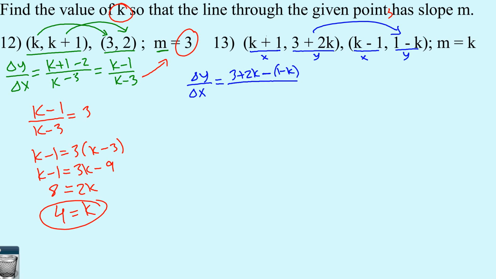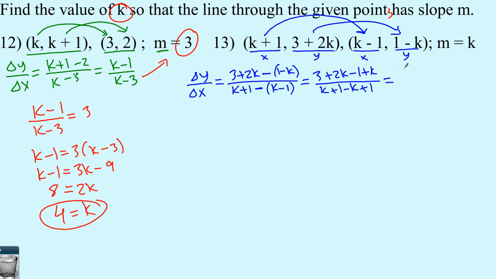On the bottom, I want to do this x minus this x. So k plus 1 minus all of k minus 1. That looks awful. Let's simplify it. 3 plus 2k minus 1 plus k. Then I have k plus 1 minus k plus 1.